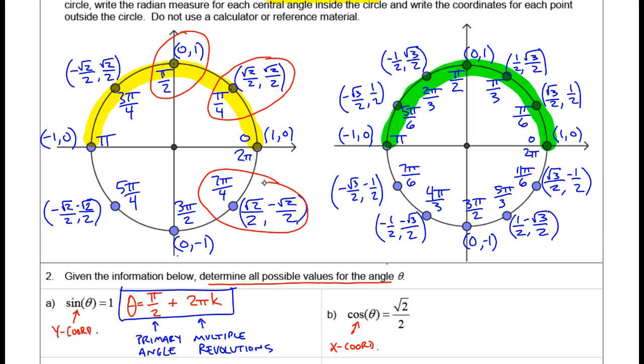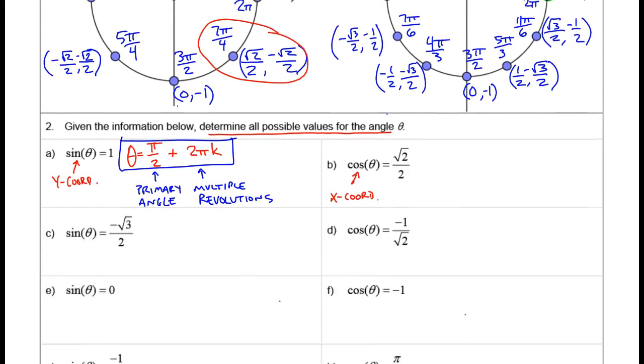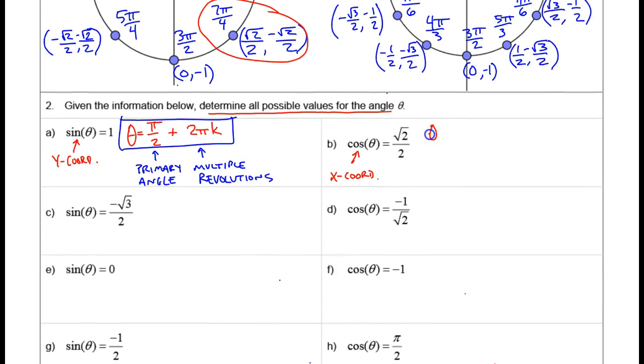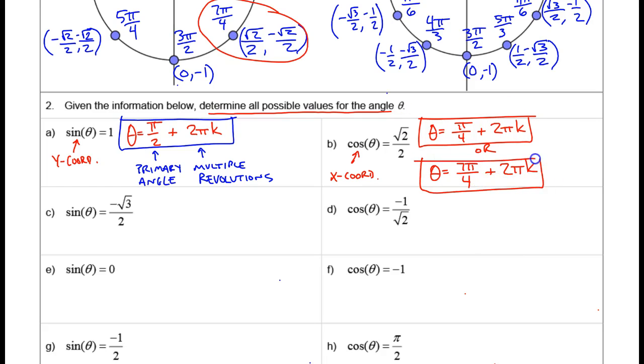So I think I'm going to have two different answers. I think I'm going to say that theta equals pi over 4 is my primary angle, plus 2 pi k. Those are my coterminal values. Or theta equals 7 pi over 4 plus 2 pi k. So this one has two answers.